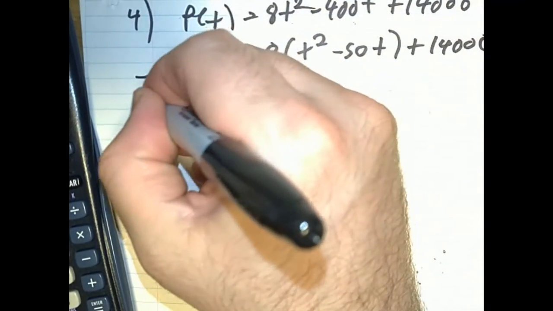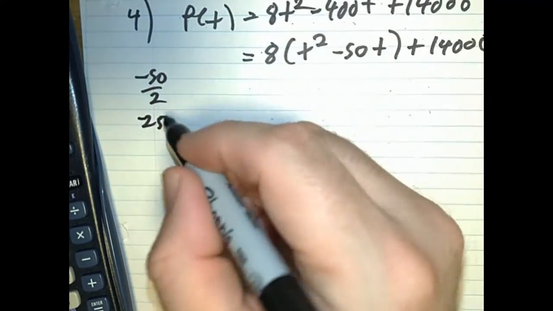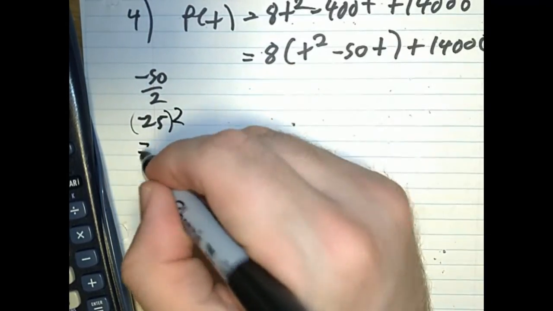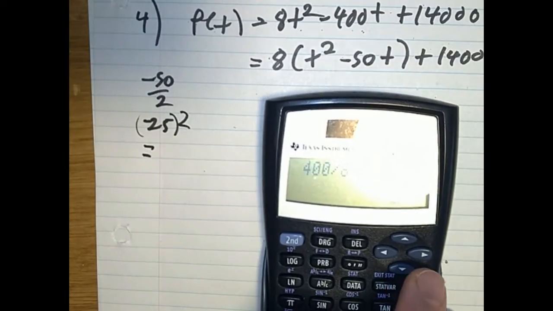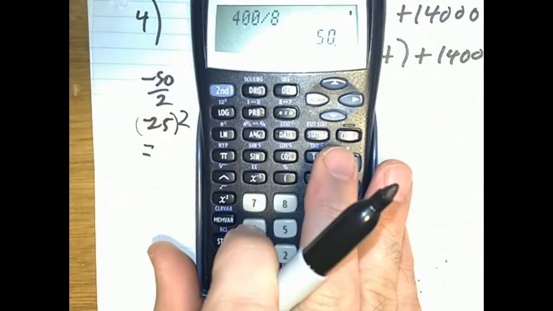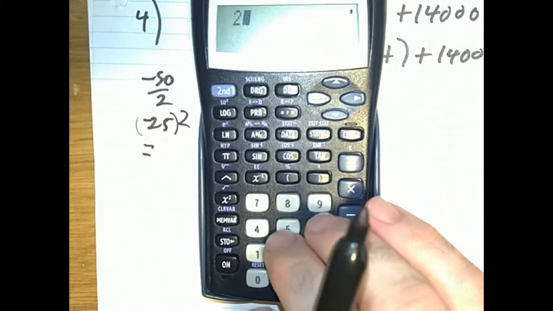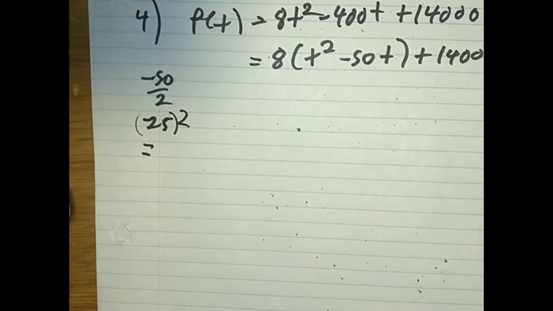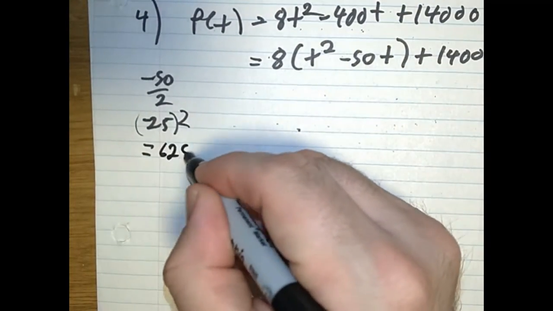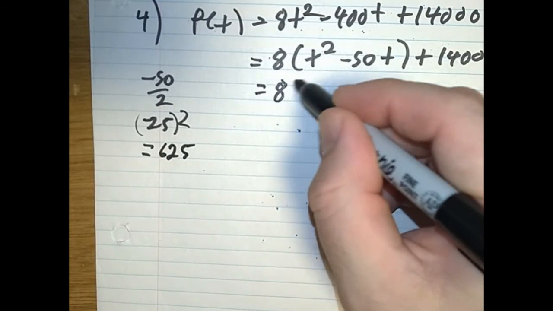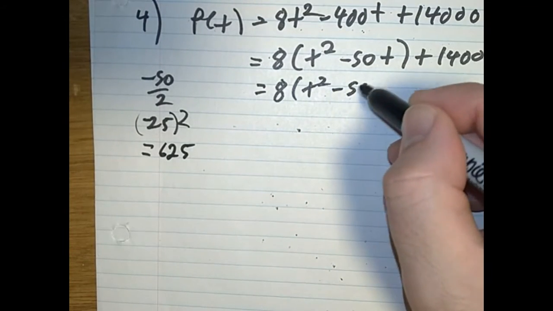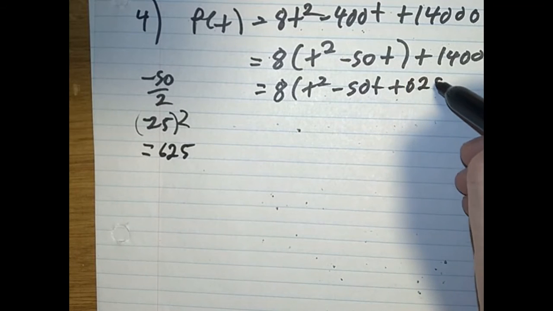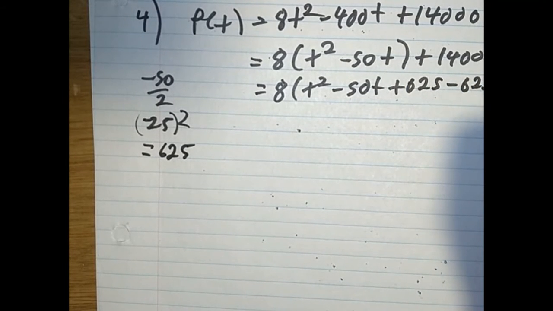Negative 50, so negative 50 over 2 is 25. And then we have to square it. It's just our rule here. 25 squared is 625. Then we get 8 times t squared minus 50t plus 625, minus 625, plus 14,123.